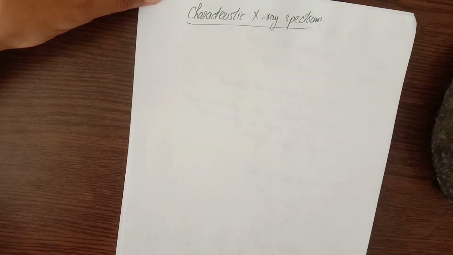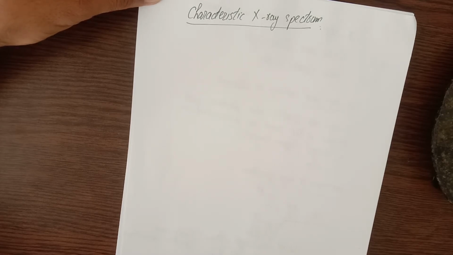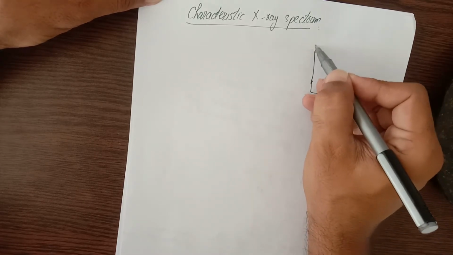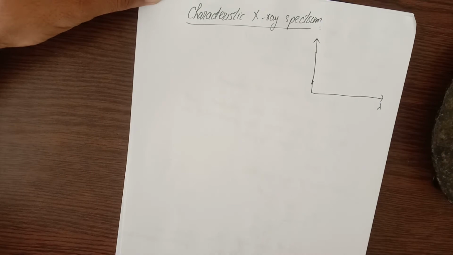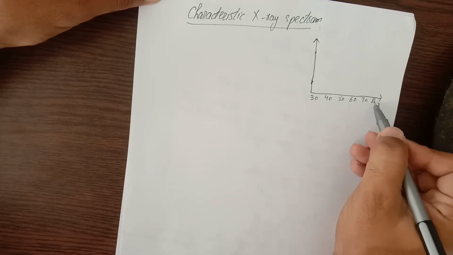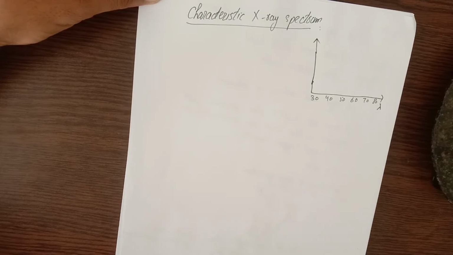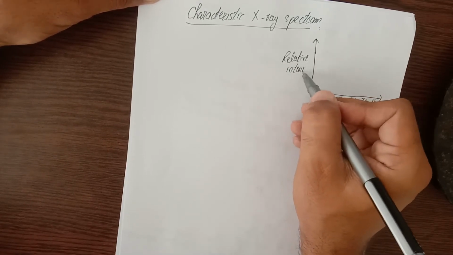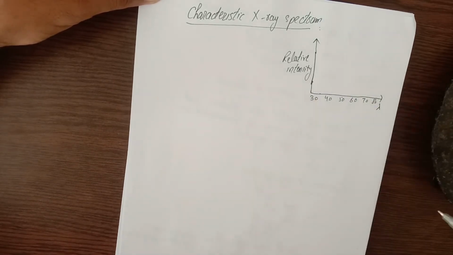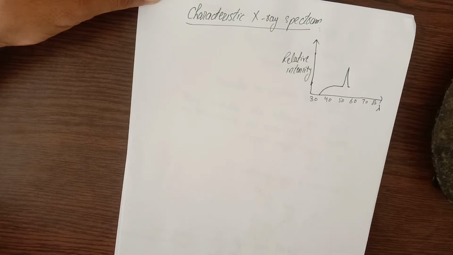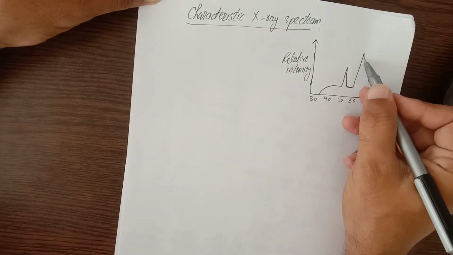If we look at electrons striking molybdenum, we have wavelength along this axis, given by 30, 40, 50, 60, and the relative intensity along this axis, and the continuous spectrum is given like this.